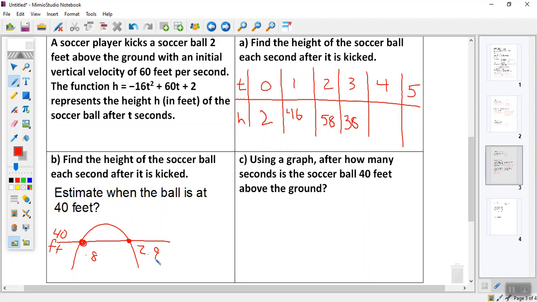So you could say, using the graph, it's at 0.8 seconds to 2.9 seconds. If another question asked, for how much time is it above 40 feet? Well, what's 2.9 minus 0.8, kids? Above 40 feet for how long? You'd say 2.1 seconds. Okay.